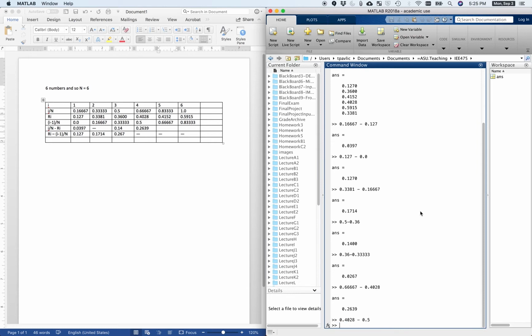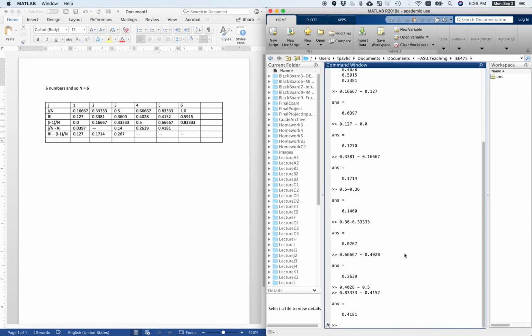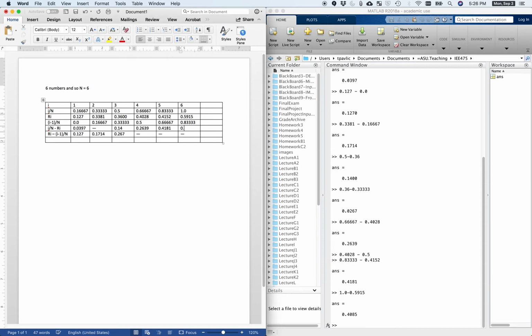So I can look up 0.83333 minus 0.4152, and I get 0.4181, and then 1.0 minus 0.5915 gives me 0.4085. All right, great. So we're almost done here.